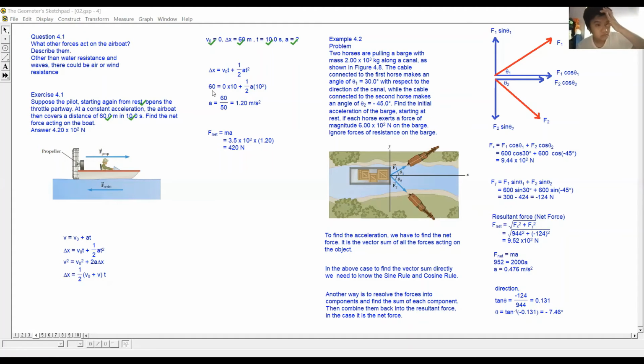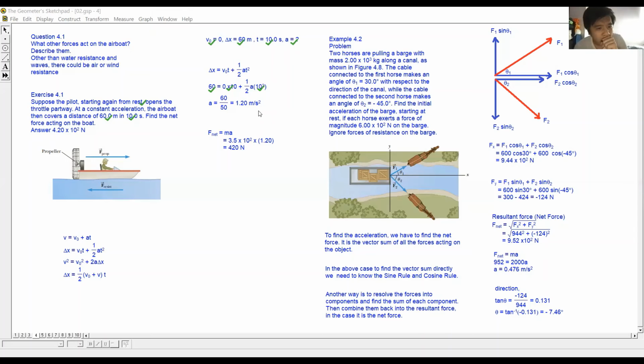The initial velocity is 0, and the time taken is 10 seconds. So this term becomes 0, since 0 times 10 is 0. You are left with only 60. 60 divided by half of 100, that is 50. So we know the acceleration is 1.2 meters per second squared.